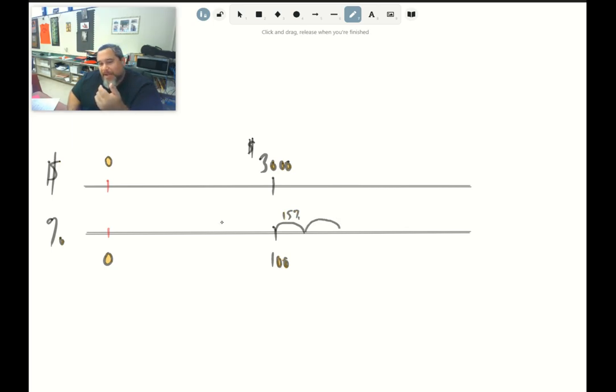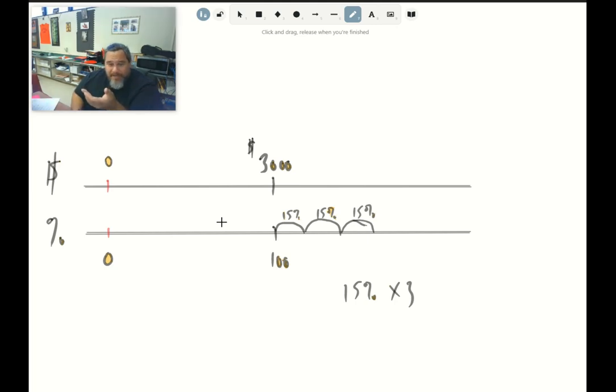Year two, I've got to pay back another 15%. And then year three, another 15%. You could say 15% times three. All right, easy. So now all I have to do is find 15%.